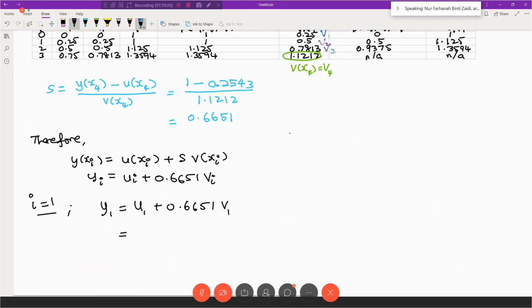Okay, u1 is 0, v1 is 0.25. What is the answer? 0.1663.